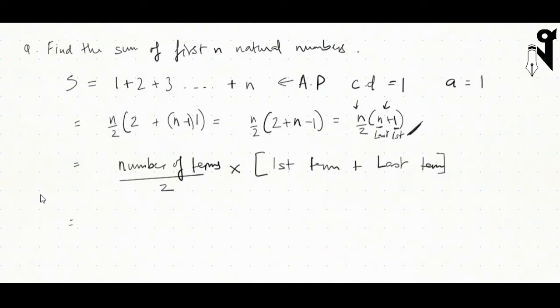So this is the same thing as: number of terms is n by 2, first term is a, and last term is the nth term, that is a plus n minus 1 times d. So this is how I get n by 2 times 2a plus n minus 1 d.